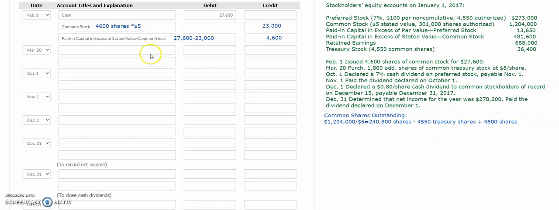So on March 20th, the company purchased 1,800 additional shares of treasury stock at $8 a share. So in our problem, we're going to debit treasury stock and credit cash. And to come up with the dollar amount, we're going to take 1,800 shares times $8.